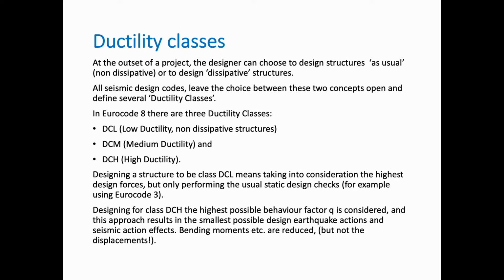For high ductility, we are reducing the capacity of the structure, so we are designing for lower capacity in order to accommodate the ductility and get first the ductile behavior of certain members and connections, as we discussed before, prior to reaching the capacity of the structure.